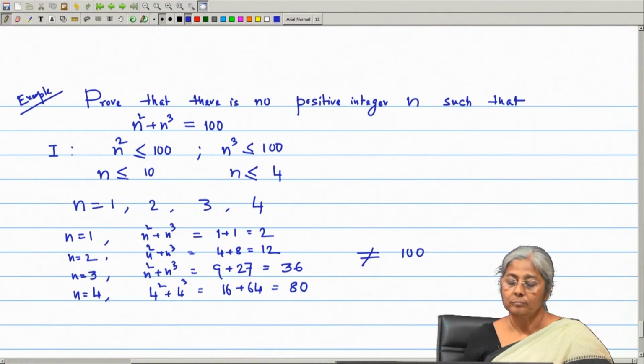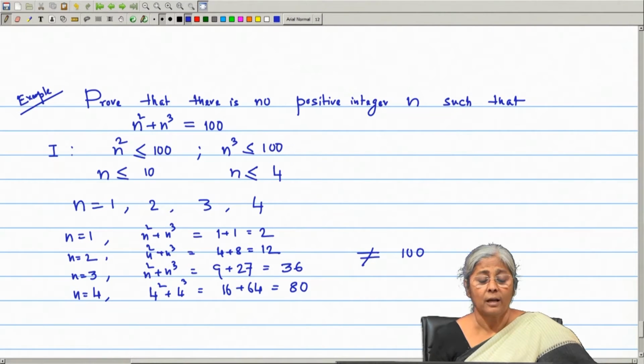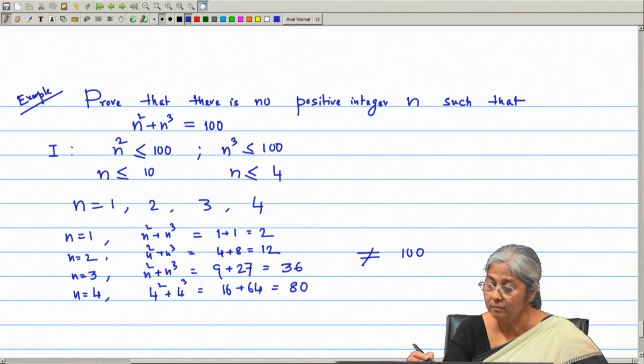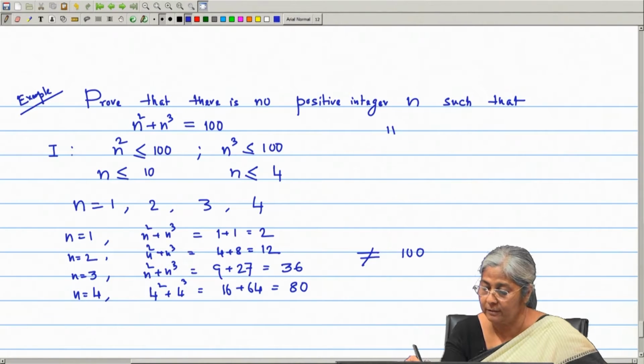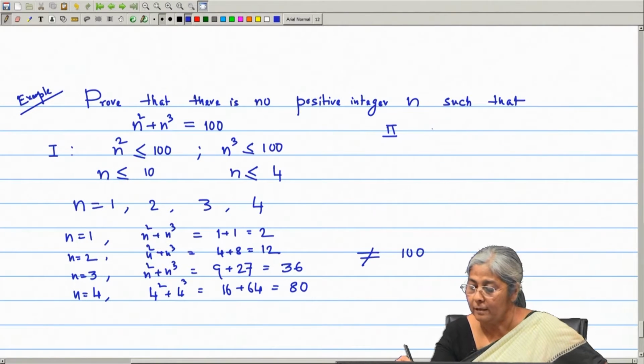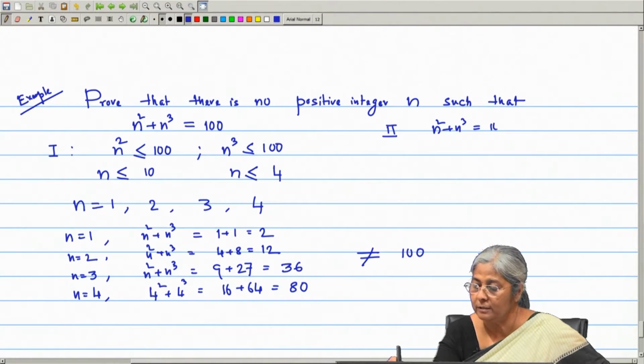Now, here is another way I can do the proof. n square plus n cube equal to 100. I take n square common, n square into 1 plus n is 100.